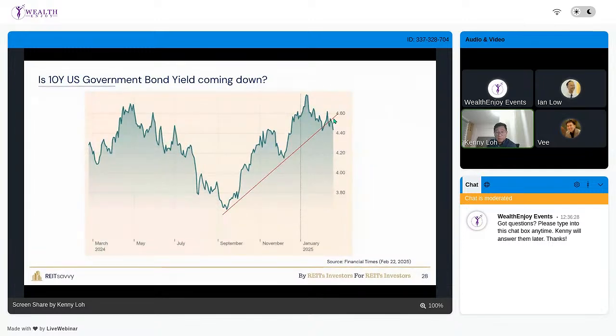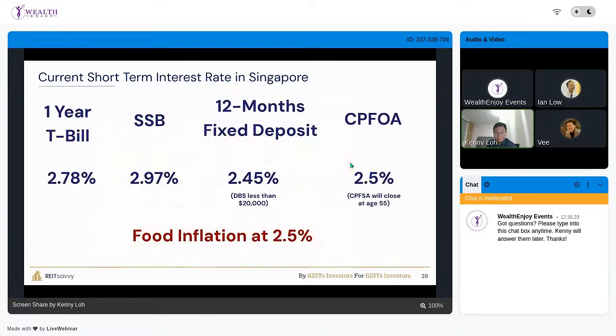At the same time, there is a very important level for us to pay attention to. This is the support level for the US 10-year risk-free rate. If this support line, or neckline, is broken, very likely there will be a reversal of the US 10-year risk-free rate, and it may come down even further. That will help the REIT sector. Do take note of the strong inverse correlation of the US 10-year versus the REIT sector.